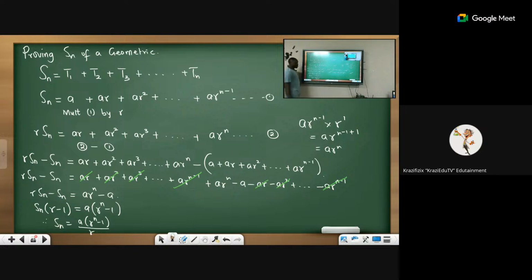And you are expected to know this. The formula is given, but the proof you should know.